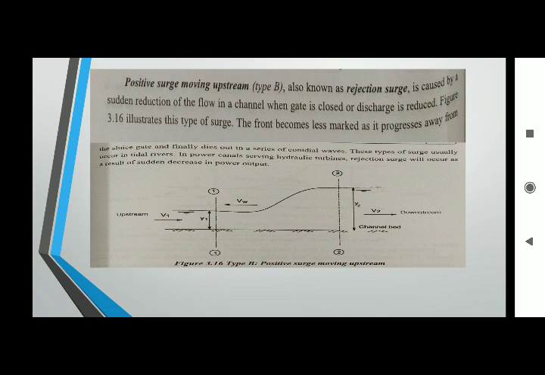For example, if water is going in some river and I am suddenly closing that river, then what will happen? Water starts storing on the upstream side. Because of that, upstream side depth increases, and the wave also moves opposite to the flow direction. That is called VW, as mentioned here.